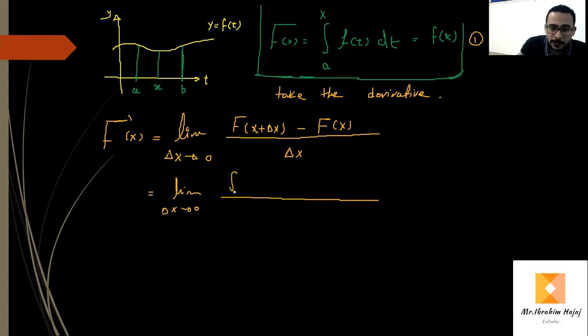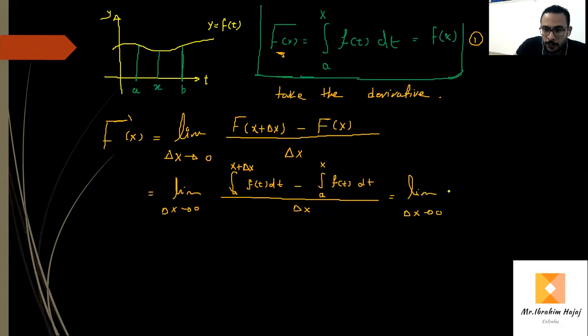So I have the integral from a to x plus delta x of the function f of t dt, minus, substituting again by the function itself, the integral from a to x of f of t dt, all over delta x. It's equal to the limit as delta x approaches 0 of this. This is how to prove the first part of the fundamental theorem of calculus.